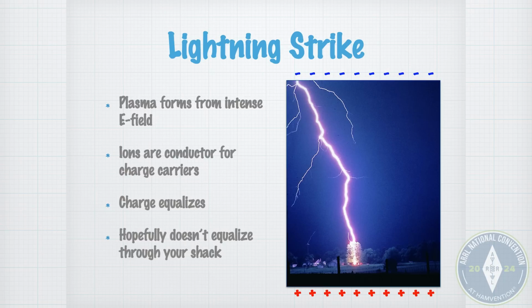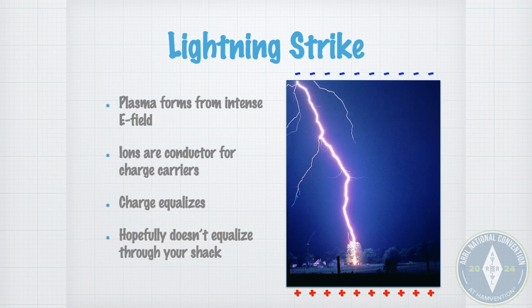As it conducts, it gets hotter and hotter, and that heat causes more and more ripping away of things, and these ions, which are the free charge carriers, become conductors. Then at some point, this charge equalizes. You flow the current down there, and the states get closer to the point where the thing dies out. And we really don't want this in your shack. This is bad news, right?